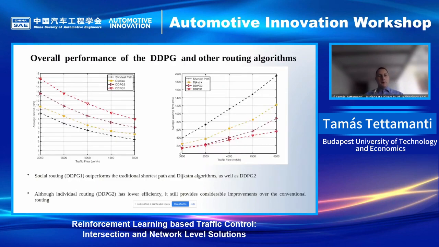And the overall performance of the DDPG algorithm and other routing algorithms can be seen here. So on the left figure, you can see the average speed variation along the traffic flow. You can see a comparison of four algorithms.